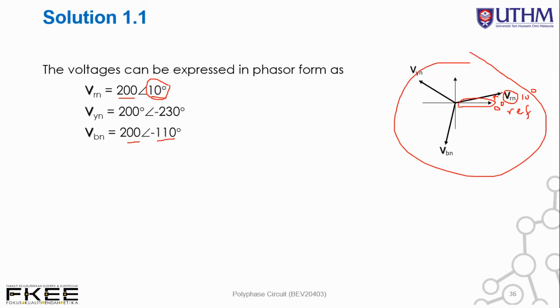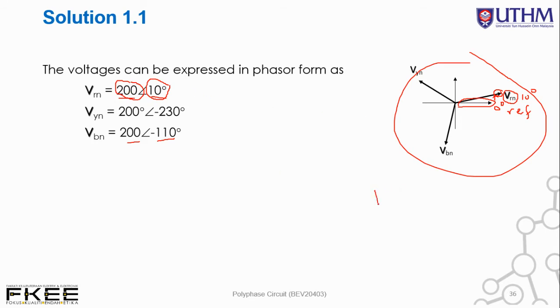So with the symbol of arrow, showing the direction of the phasor, this bold arrow represents the magnitude of 200. The longer the arrow means the higher the value.